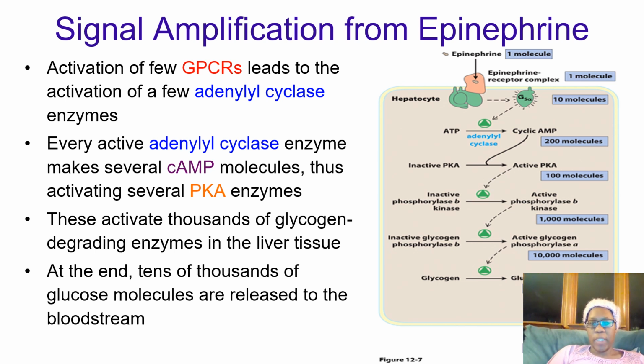Once you have done that, you can create thousands of glucose molecules from many glycogen-breaking-down enzymes. And once you have thousands or tens of thousands of glucose molecules, we'll see that those glucose molecules can give us dozens of ATP molecules.